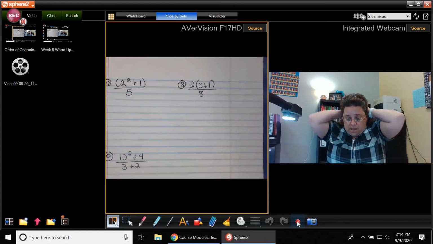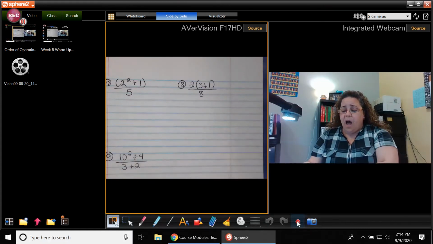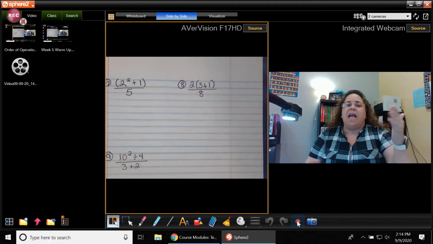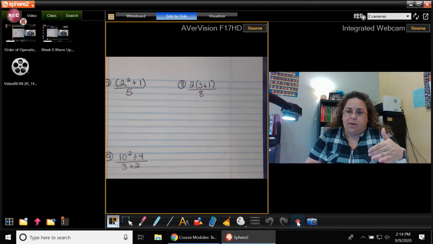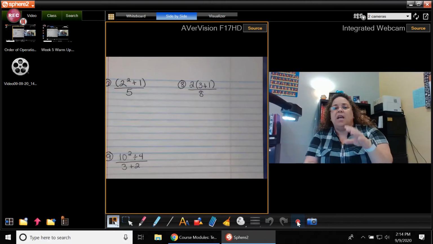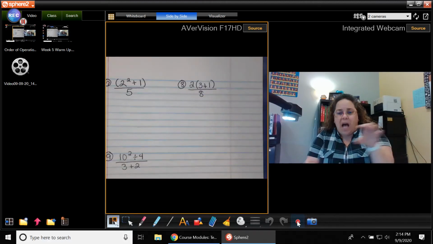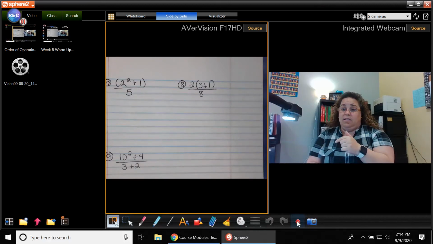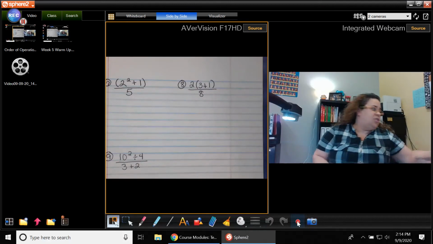Okay, so when you see these type of problems, what you need to do is remember to work with the numerator and then work with the denominator. Okay, so you do everything that's on the top, the numerator, and then you do everything that's on the bottom, the denominator, and then you divide.